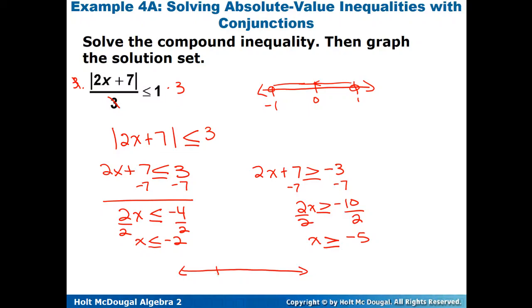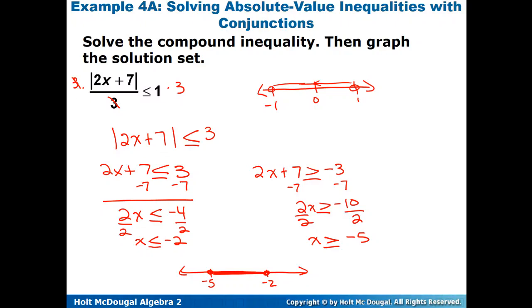And actually, I'm going to do this one first. X is everything greater than negative 5. So let's do negative 5 over here. It's going to be greater than this, going to the right, and then we have our negative 2 over here, and that's equal, and so it's going to be all of this in this shaded area in there.